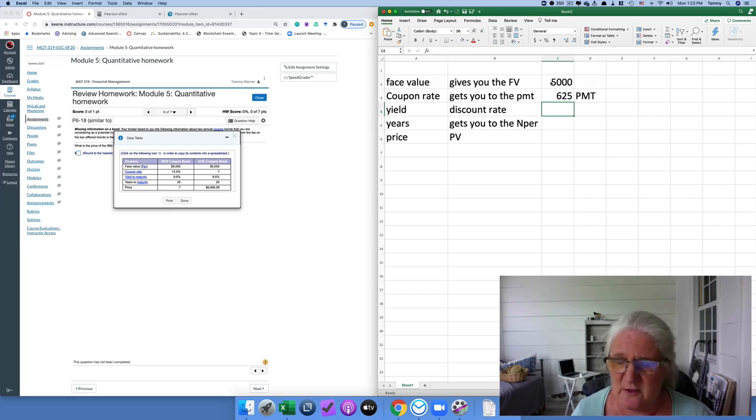The yield is 9.5%, so it's 0.095. The years, because these are annual coupon bonds, is 25.